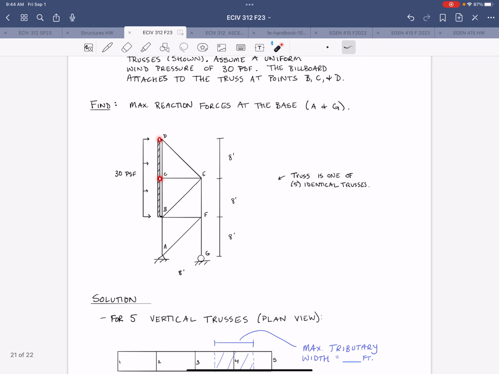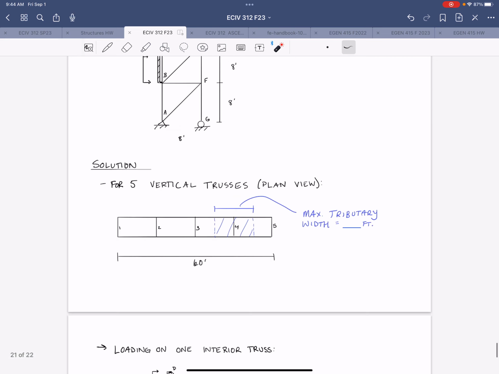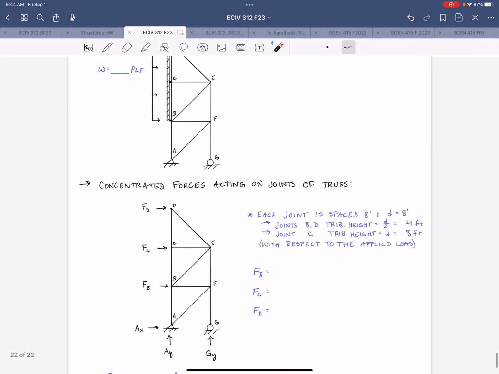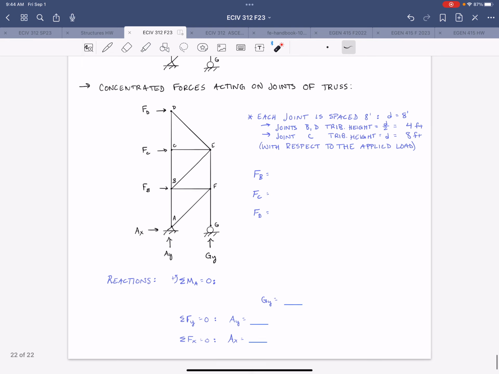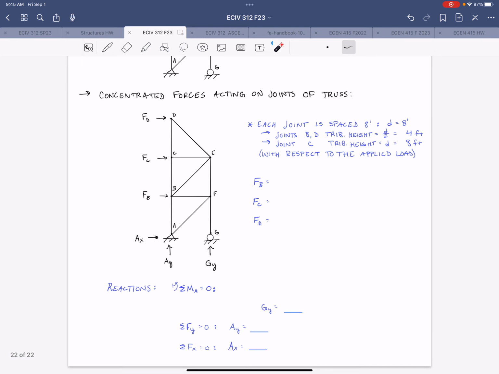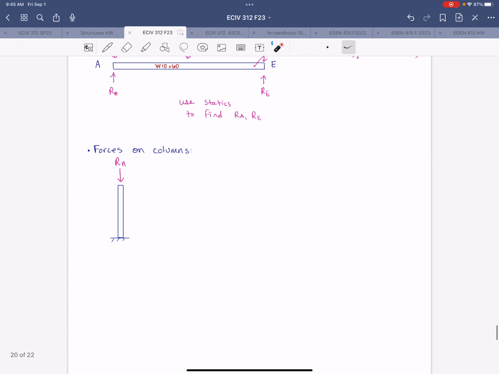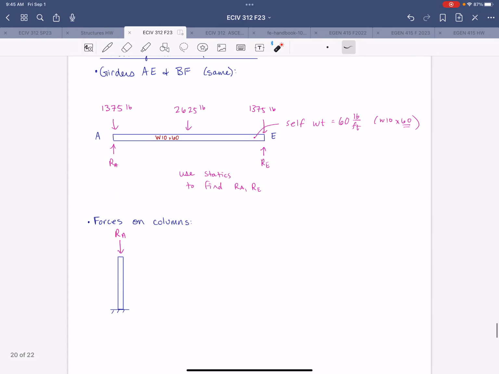What will those point loads be at those locations? This is set up to guide you through that process, and I'll provide the solution on D2L. So that's a good practice problem for you for load path.